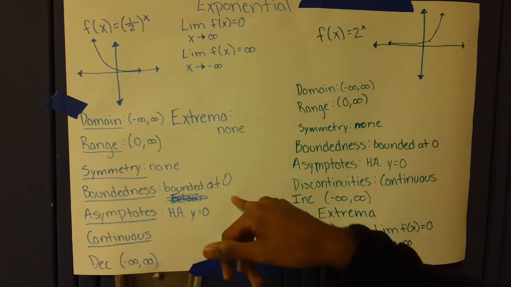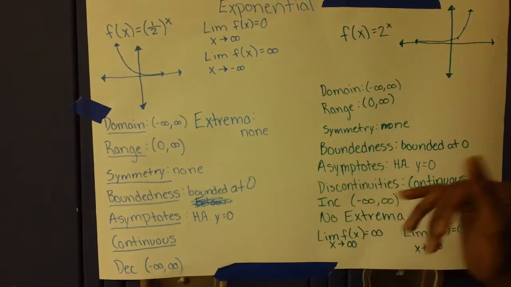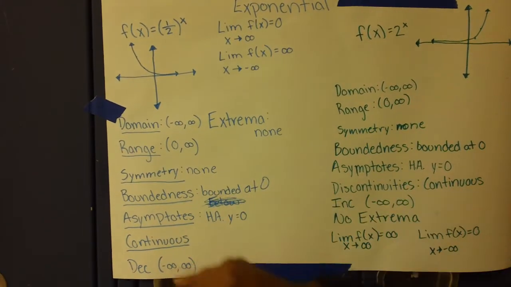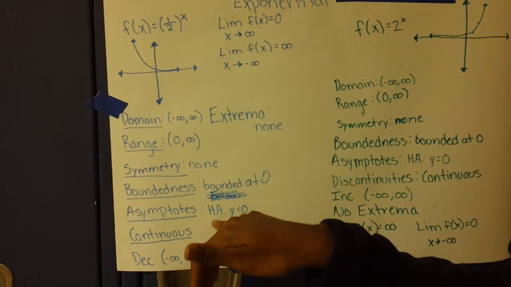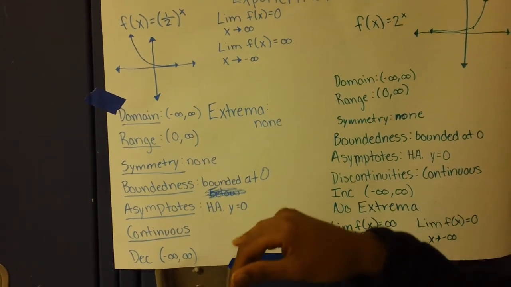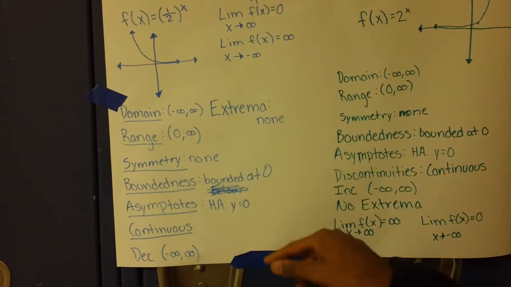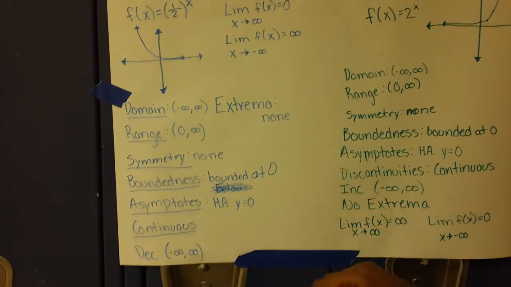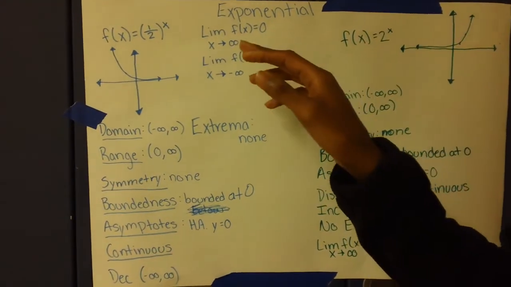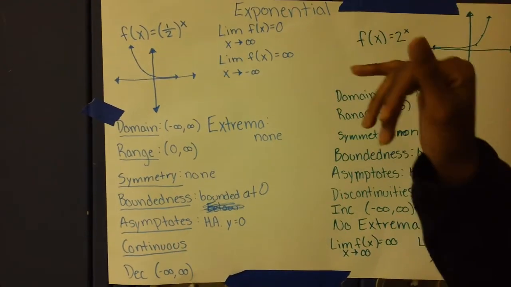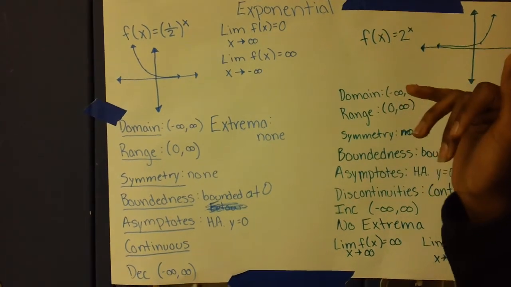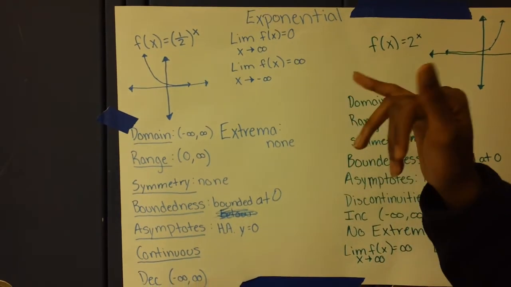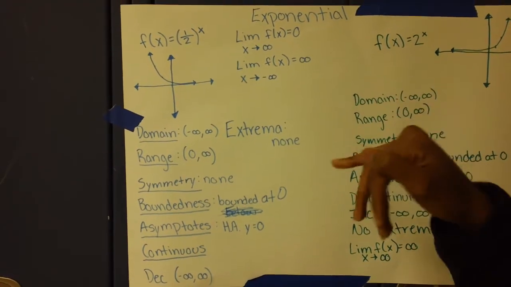Boundedness, it's bounded below. The asymptotes, there's only a horizontal asymptote at y equals 0. It is continuous. It decreases from negative infinity to infinity. The limit of f of x as x is approaching infinity is 0. And the limit of f of x when it is approaching negative infinity is infinity.